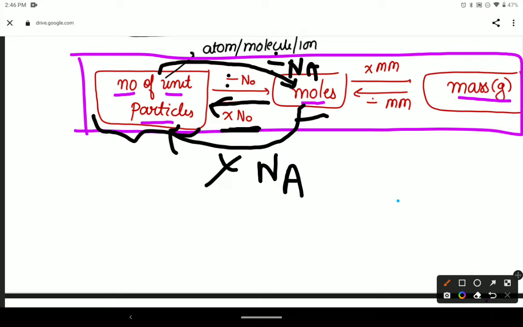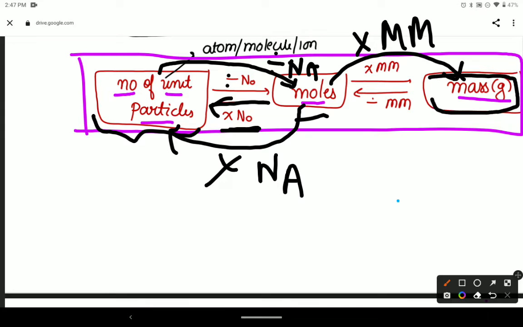So this is the first relation, and the second relation is when you are asked to find the mass that was taken in the question. The mass is not mentioned, and we are asked to find it, and we were given the number of moles. From the number of moles, if you multiply it with molar mass, then we obtain the mass, that is, the mass of some substance taken in that particular experiment, in that question.